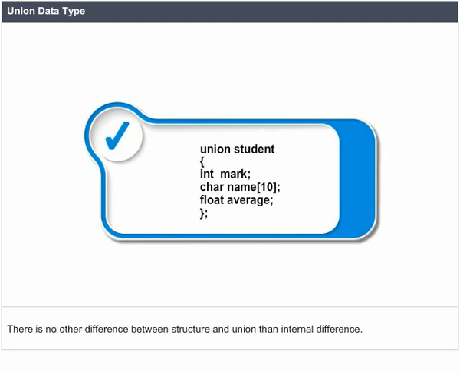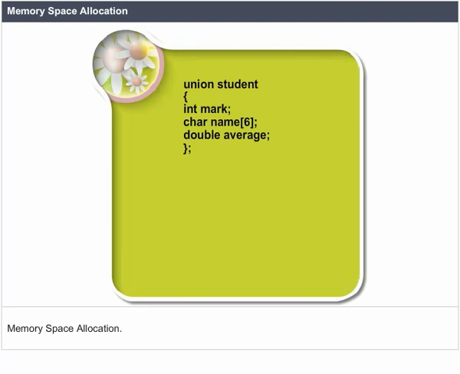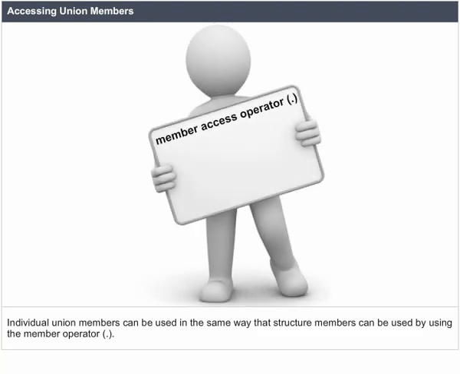There is no other difference between structure and union than the internal difference. The method to declare, use, and access the union is the same as structure. Memory space allocation. Accessing union members. Individual union members can be used in the same way that structure members can be used, by using the member operator, the dot.